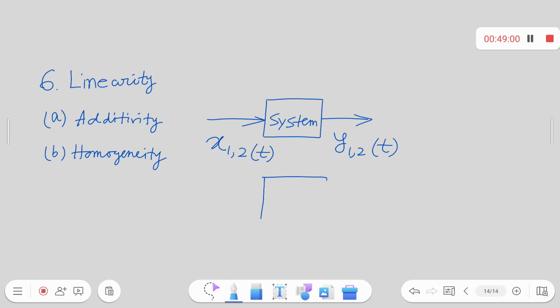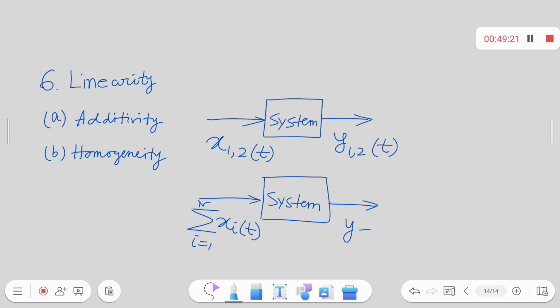Now suppose the system is an additive one. If the input is the summation of x_i(t) for i equal to 1 to n, say 1, 2, 3, 4 up to n, and the system is additive, then the output should be the summation of y_i(t) for i equal to 1 to n. That means the sum of the individual outputs.